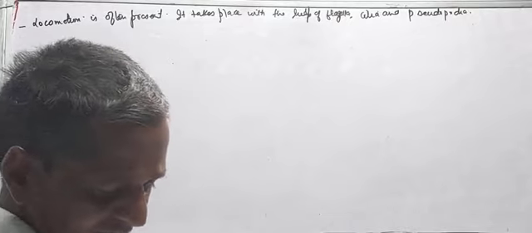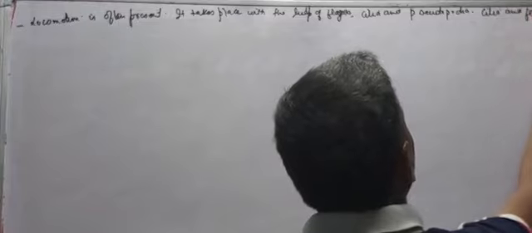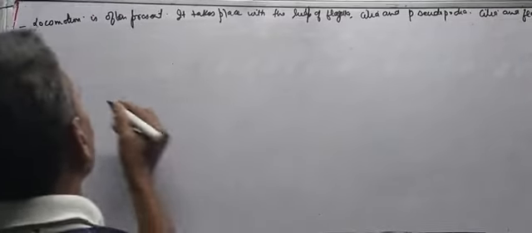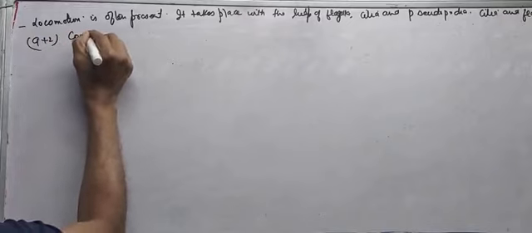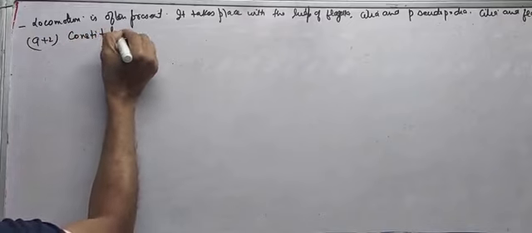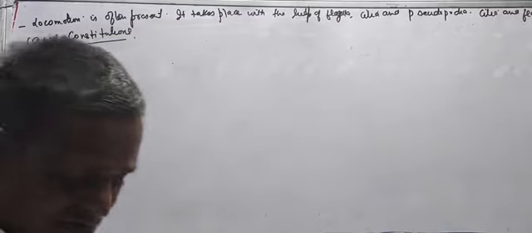Flagella and cilia have 9+2 constitution.